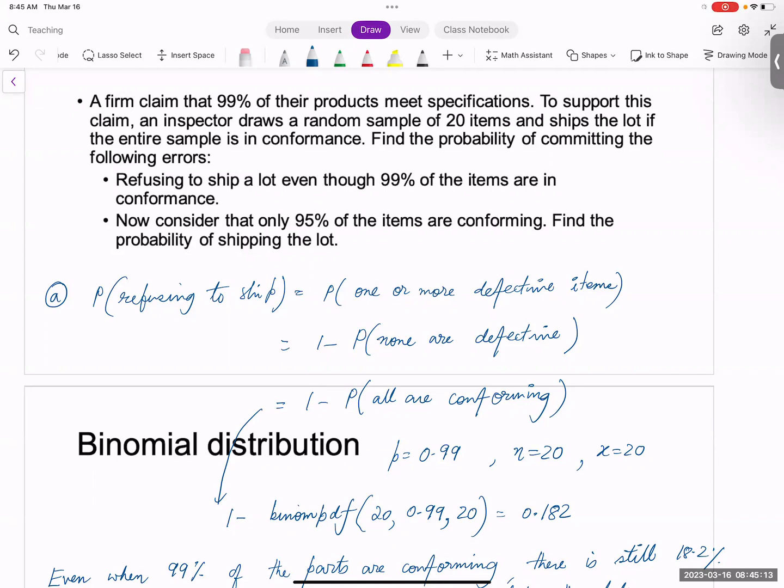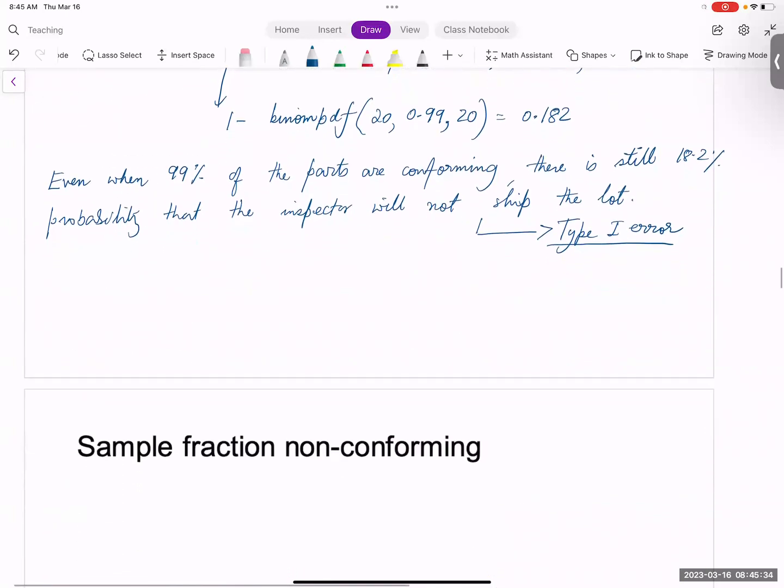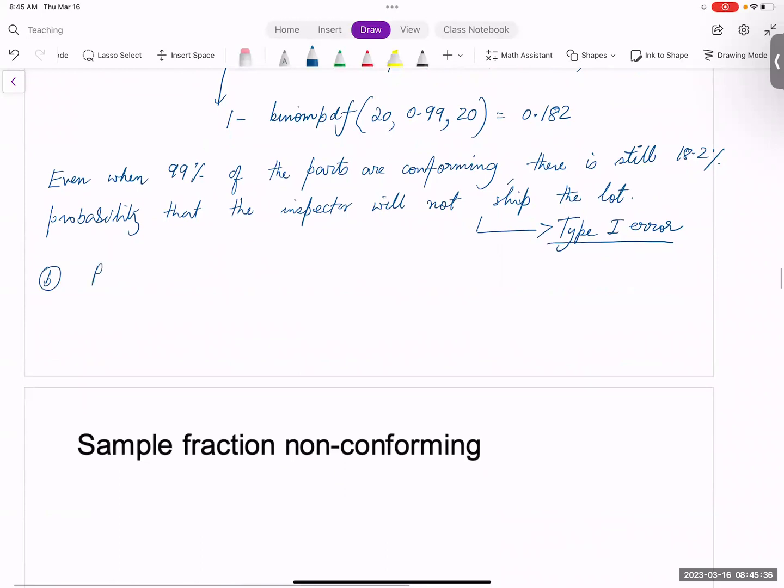What it basically says is that even though you have lots of defectives in your lot, or relatively more defectives in your lot, there is still some possibility that if you randomly sample 20 of those, all 20 are going to be conforming, and then the inspector is going to ship the lot. So we're interested in that probability. Okay, so in this case, in part B, the probability of shipping the lot is equal to the probability all are conforming.